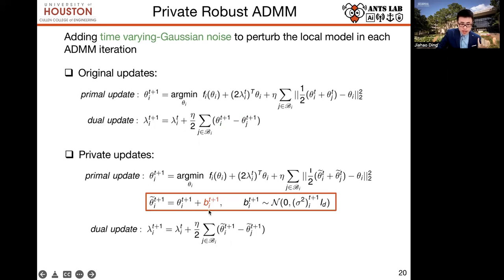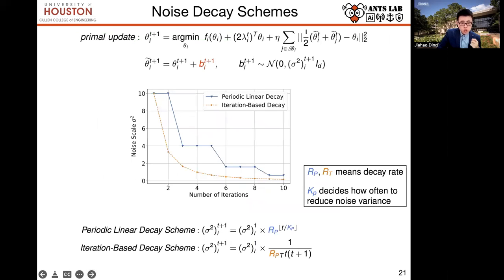Due to the noise injection here, the perturbed primal update can potentially destroy the algorithm convergence, right? So here we carefully adjust the noise injection over iterations to mitigate the negative effect of noise injection.